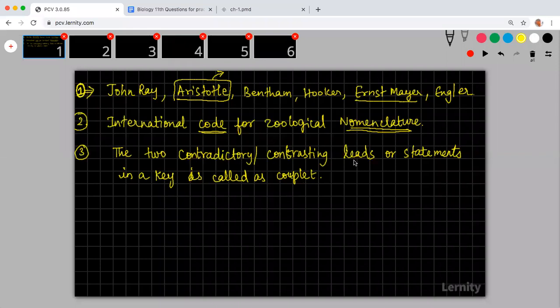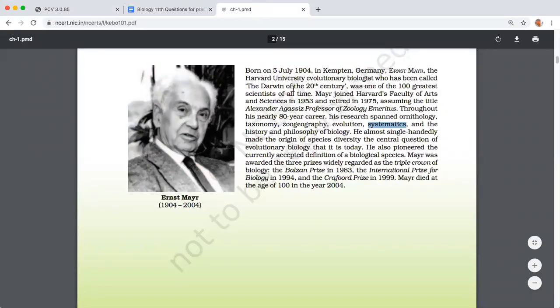The two leads which are contradicting or contrasting, each of them is called a lead. That is why we say that the two leads or statements in a key is called a couplet. Yeah, you can say it as two alternate statements also, no problem. But try to use what is there in your textbook.